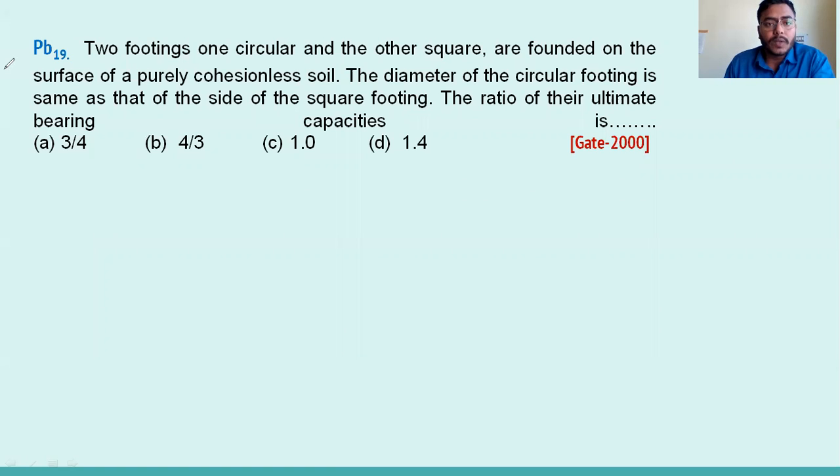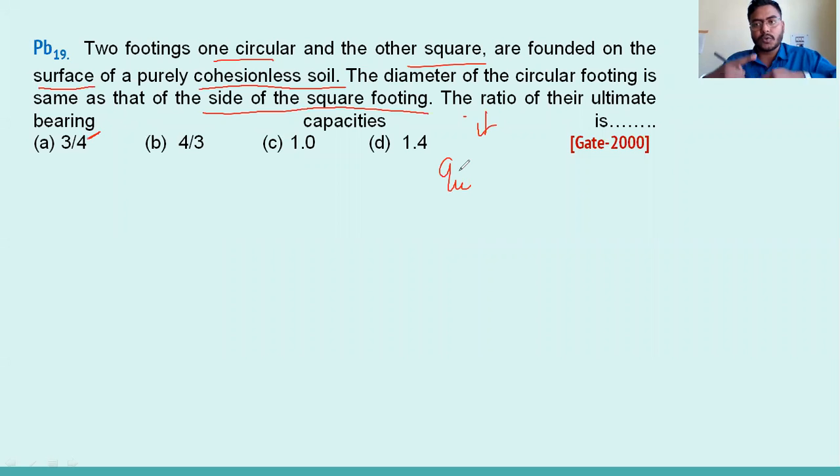Two footings, one circular and another square, are founded on the surface of purely cohesionless soil. The diameter of the circular footing is the same as the side of the square footing. The ratio of their ultimate bearing capacity. See, we have to calculate the ratio, and this is very important.